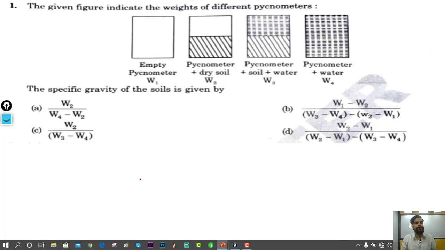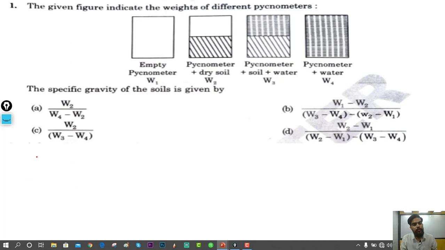So guys, the first question is: the given figure indicates the weights of different pycnometer readings. This is the weight of the empty pycnometer, pycnometer plus dry soil, pycnometer plus soil plus water, and pycnometer plus water. Guys, remember one thing.